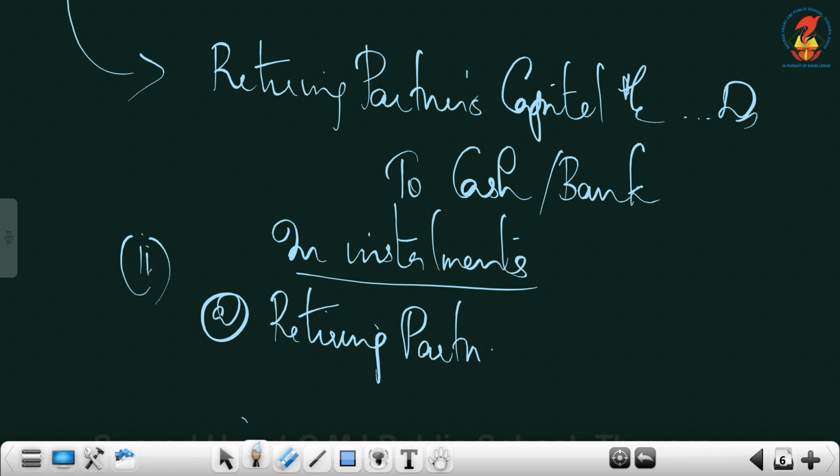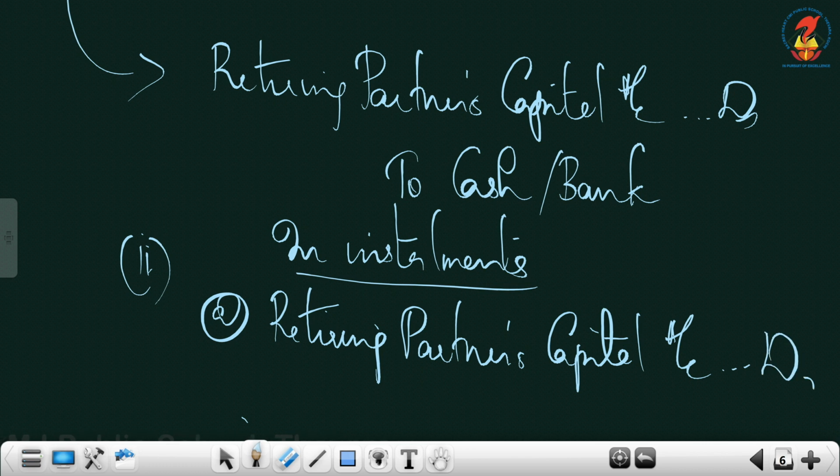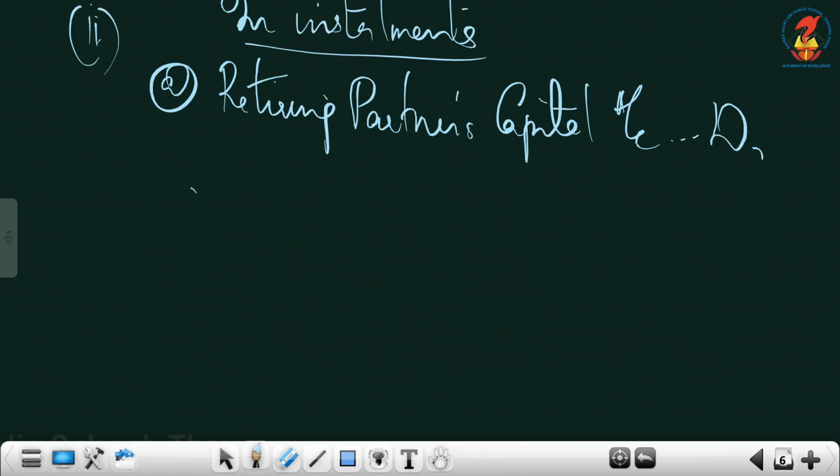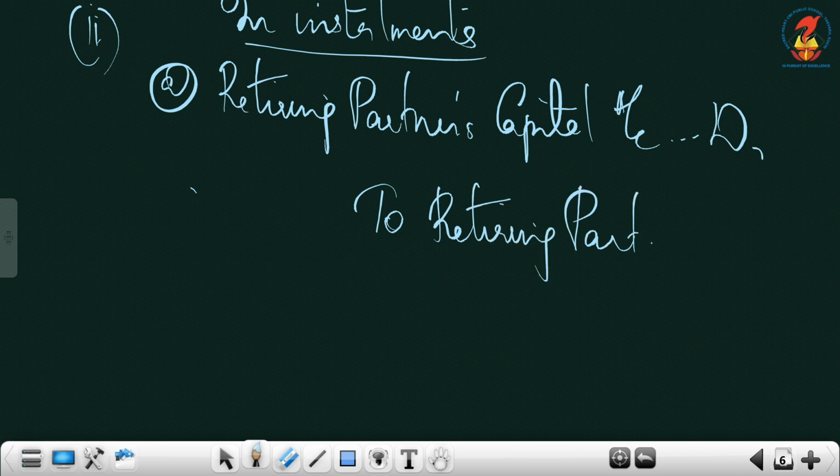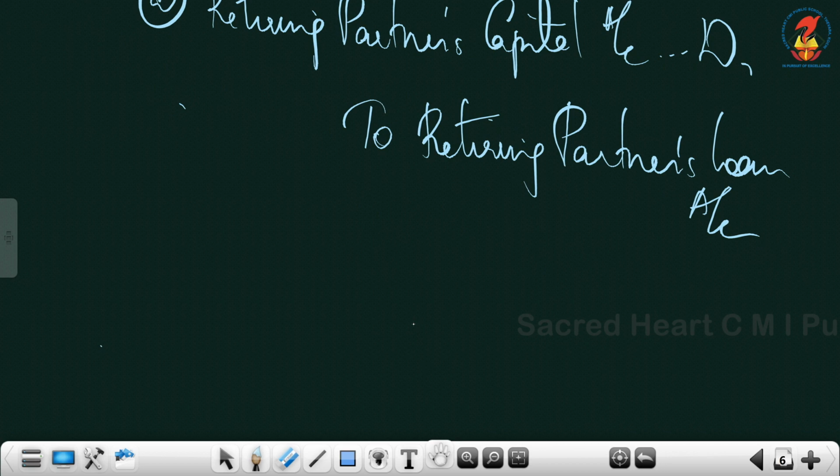Retiring partners capital account debtor to retiring partners loan account. Retiring partners capital account debtor to retiring partners loan account. So, that is the first entry.